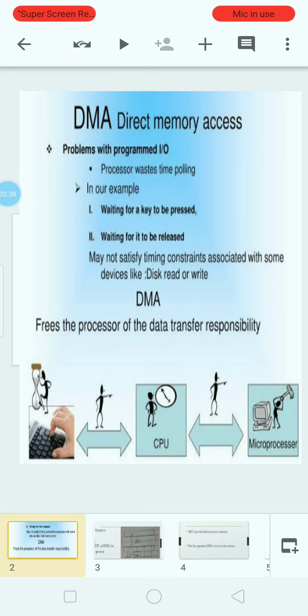The data transfer between a fast storage media such as a magnetic disk and the memory unit is limited by the speed of the CPU. Thus, we can allow the peripherals to directly communicate with the memory using the memory buses, removing the intervention of the CPU.